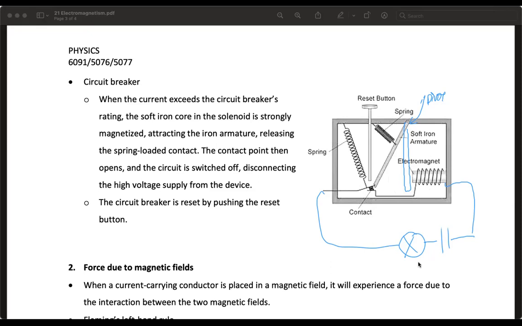Your bulb will not spoil. That's what happens when the current becomes so high. So what do these two springs do? Wait, let me take a look.